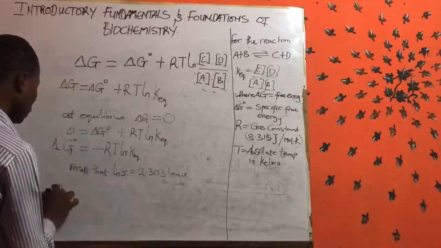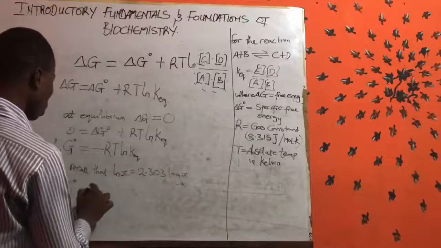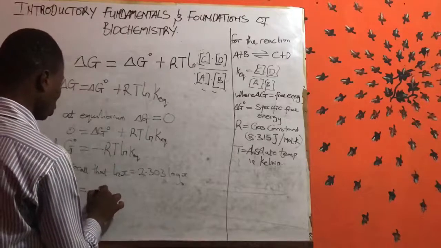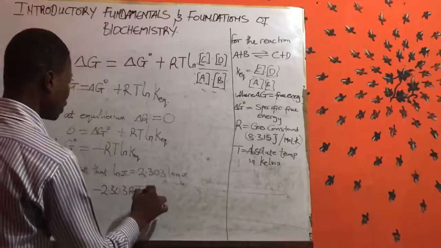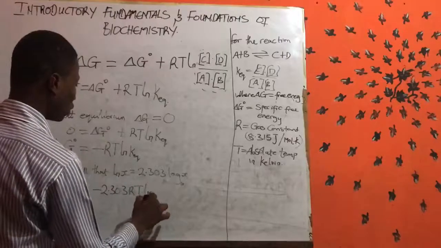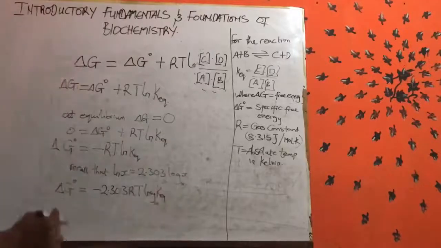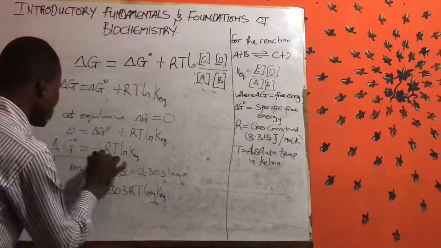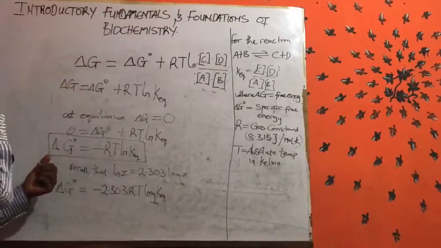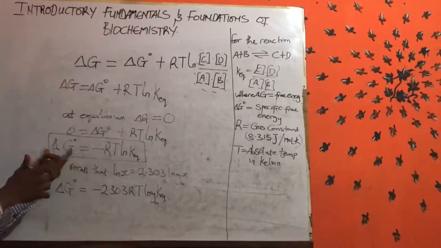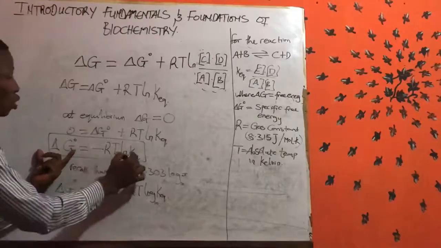Then I have delta G naught equals minus 2.303 RT log to base 10 of K. So, looking at it from this point, it is crystal clear that I can relate my specific Gibbs free energy change with the equilibrium constant.